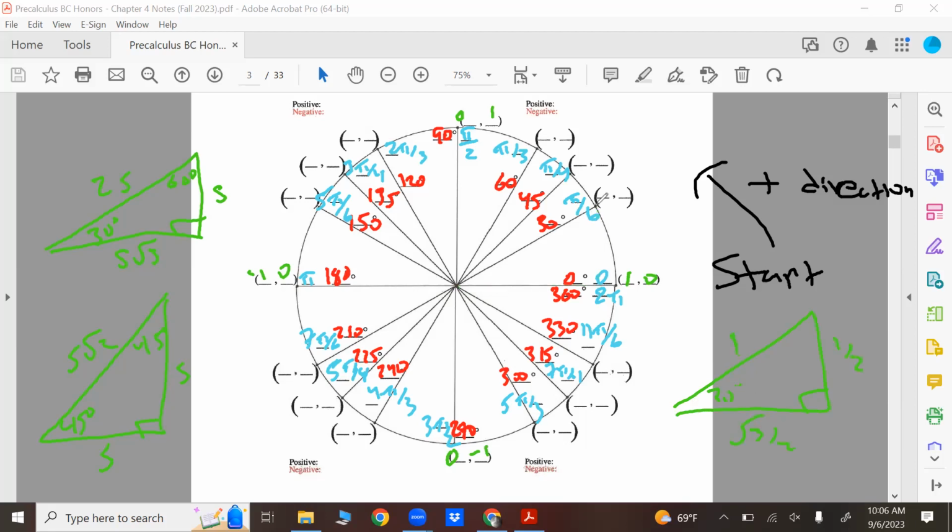So clearly I'm going root 3 over 2 to the right and 1/2 up. So this means that 60 is going to be reversed, right? If you tilted that right triangle or just simply reverse the coordinates, that's what you get for 60 degrees. Remember, the complements of each other, right? The sine of 30 is cosine 60, right? Or the cosine of 30 is sine 60, and so forth.